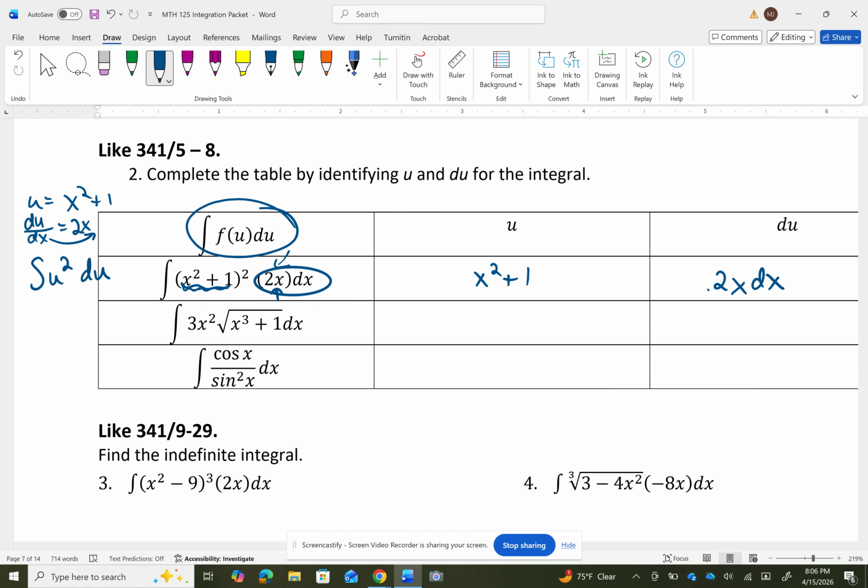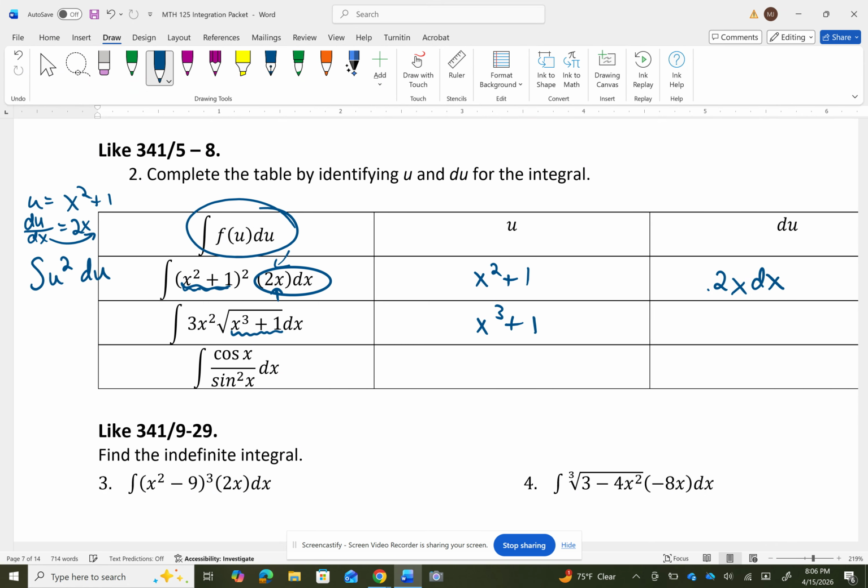But right now, for this one, I want you to start looking to see if you can recognize, here's your inside function, the x to the third plus 1. Do you see where that 3x squared came from? The derivative of x to the third plus 1, wouldn't that be 3x squared? So it came from that inside function.